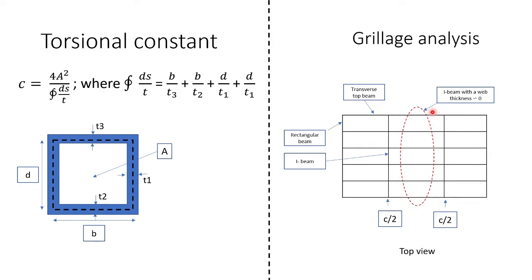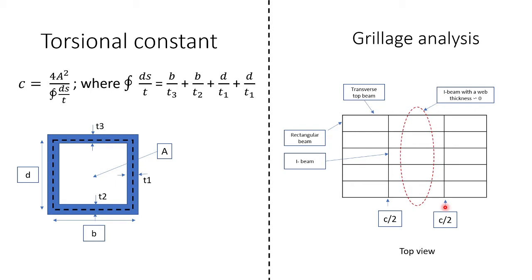Those are the I-beams with almost 0 web thickness. Whatever torsional constant we calculate here, we will assign half of that value to each I-girder in the system, so that we have an enclosed section with a high torsional capacity when performing our analysis.